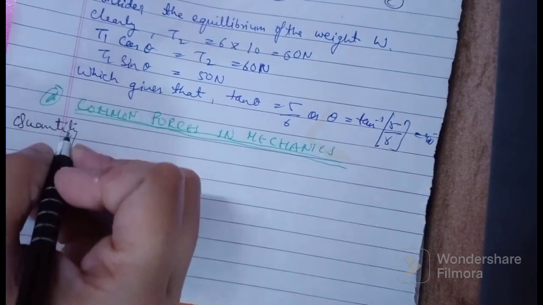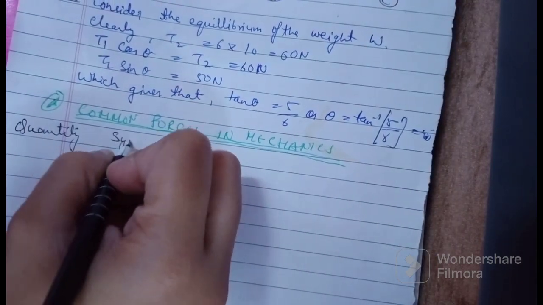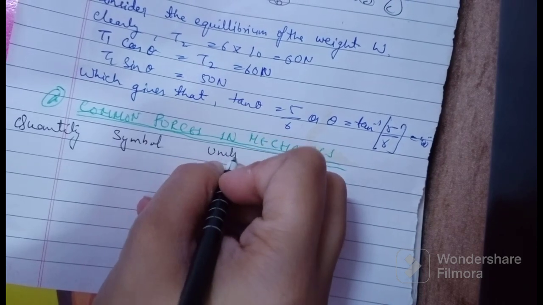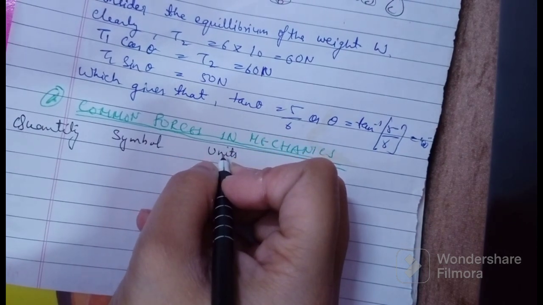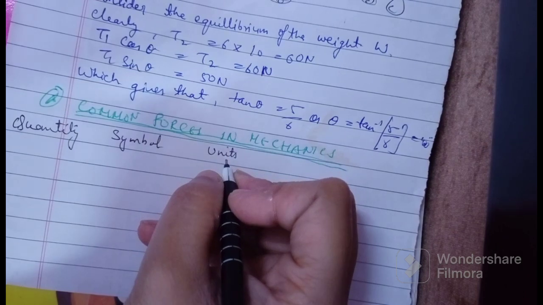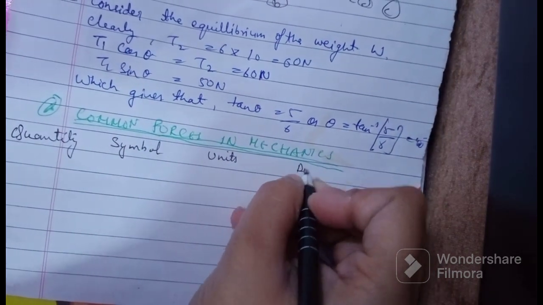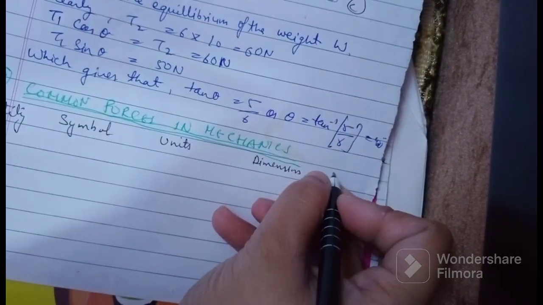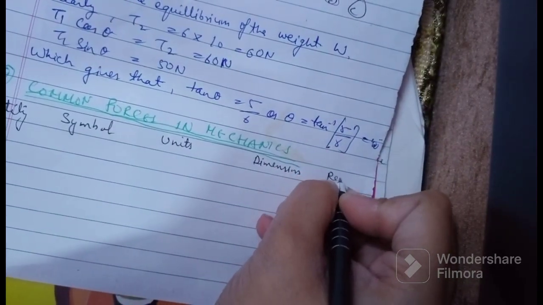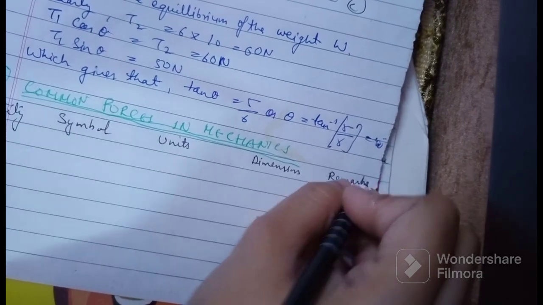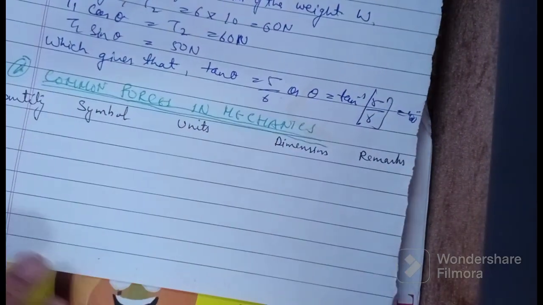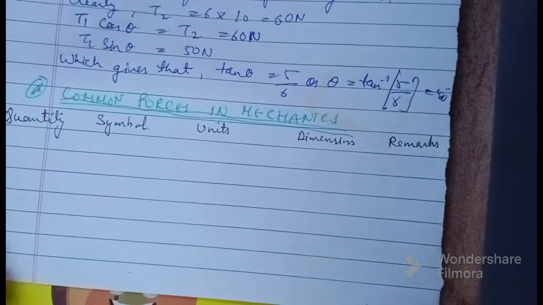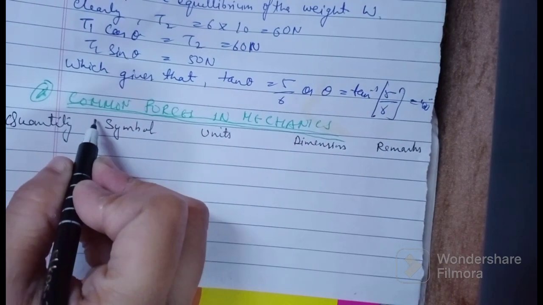Another column is the symbol. Third is units. Then dimension, and the remarks.